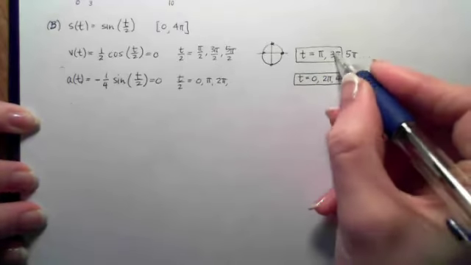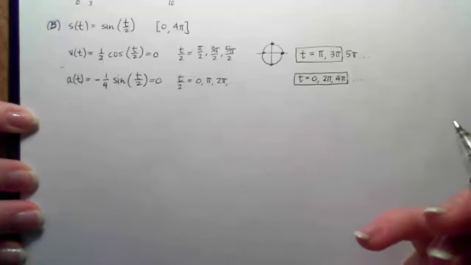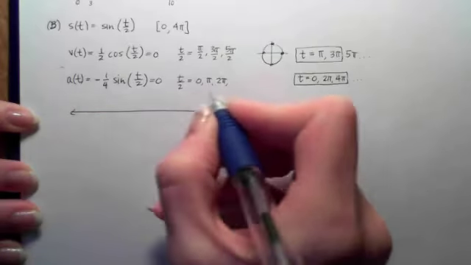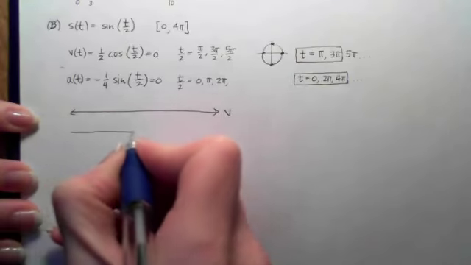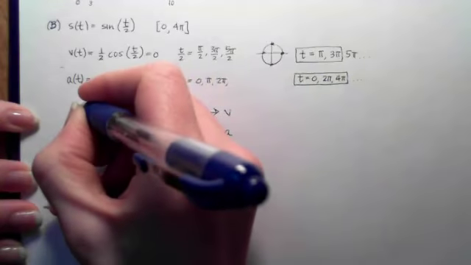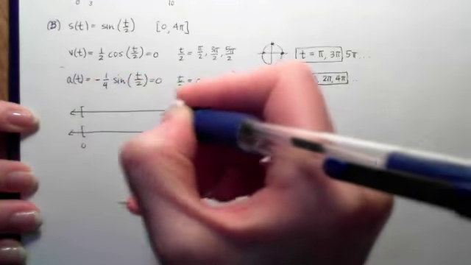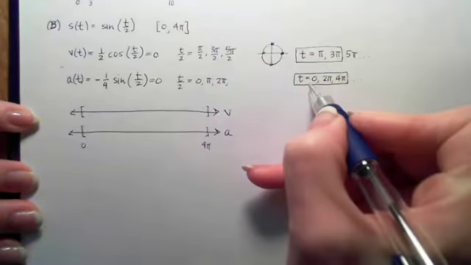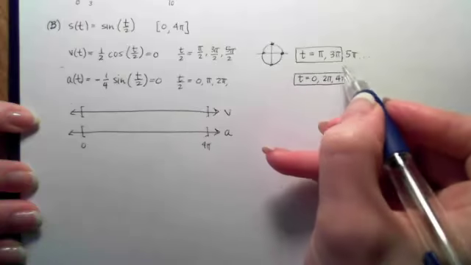So now we're going to put these values on sign charts for the acceleration and the velocity so that we can summarize what's going on with the particle itself. So on the velocity curve and the acceleration curve, we're going to put our domain, which is 0 to 4 pi. Then I'm going to look and see I've got a 0, a pi, a 2 pi, a 3 pi, and a 4 pi.